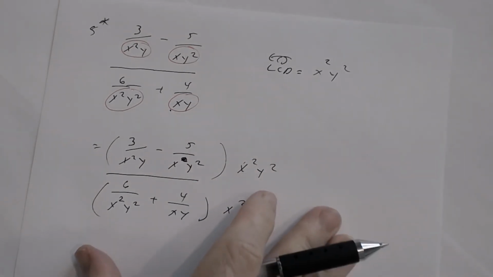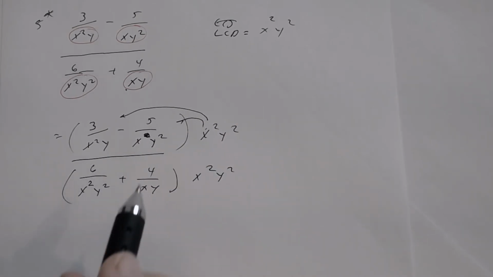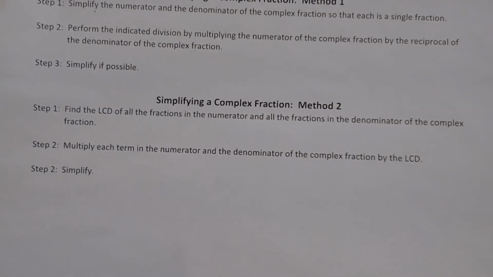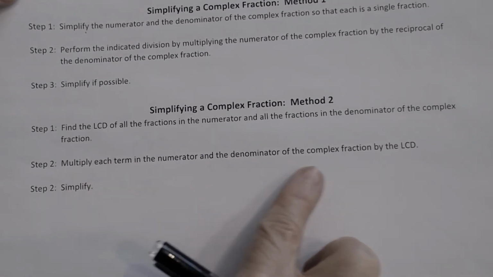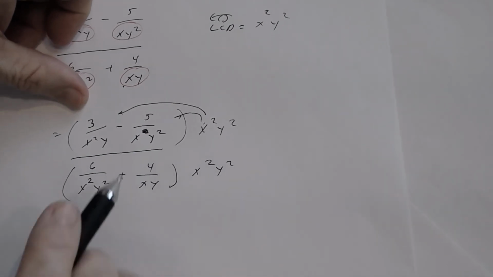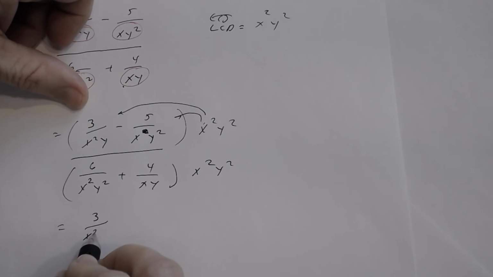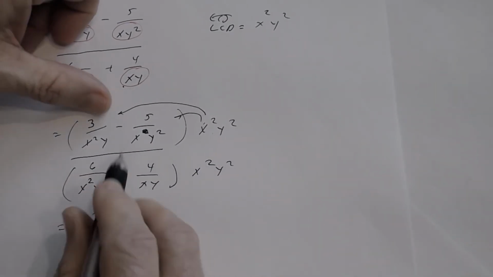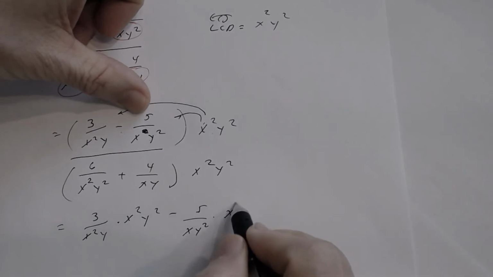Then you distribute, which is the part in step 2 that says multiply each term in the numerator and each term in the denominator by the LCD. Look, this becomes 3 divided by x squared y, multiplied by the LCD, minus this fraction, 5 divided by xy squared, times the LCD.